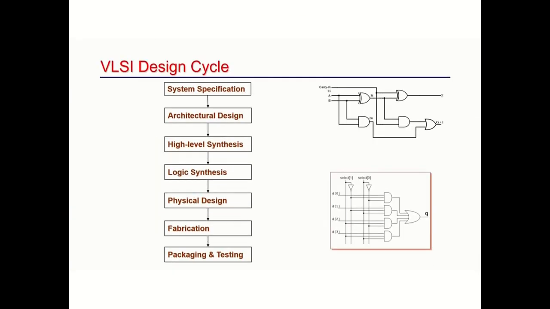Again, a little concept of the VLSI design flow. Here we have the system specification, then the architectural design, then high-level synthesis. High-level synthesis is in C++. With the help of this, we go into logic synthesis, that is, the RTL level.